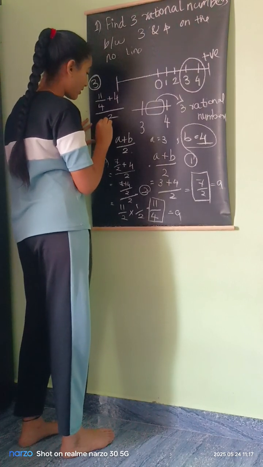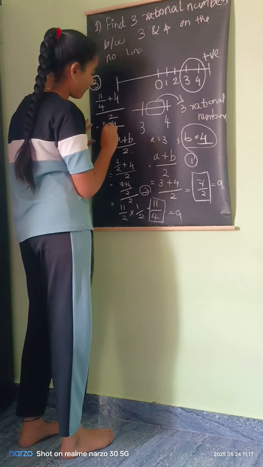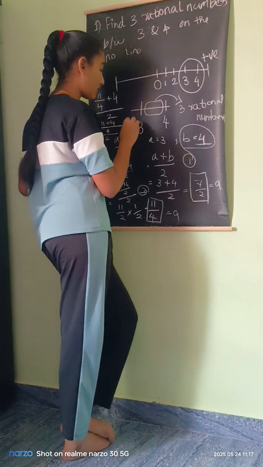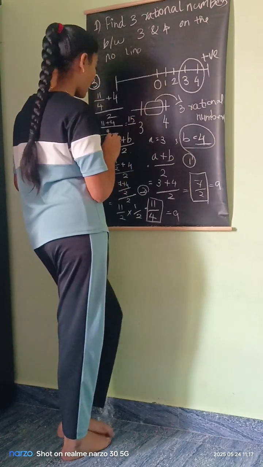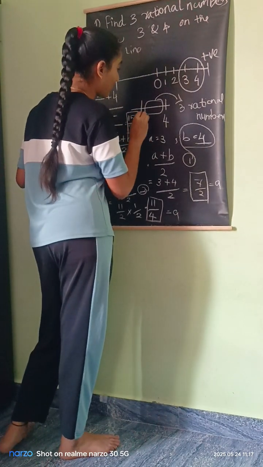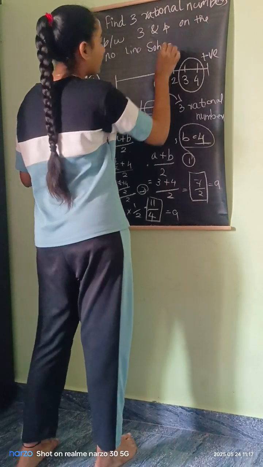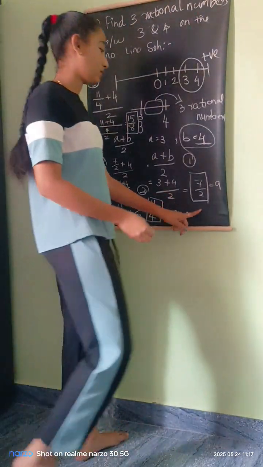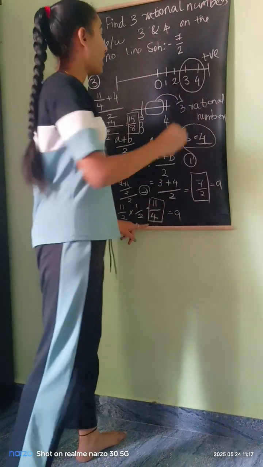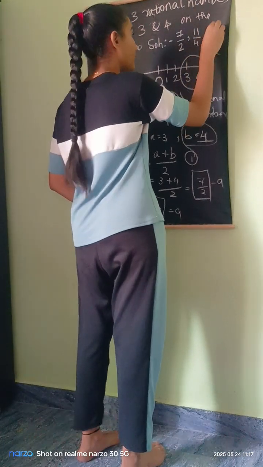This becomes (11 plus 4 by 4) by 2. 11 plus 4 is 15, and 4 twos are 8. So this is our third one. Let's write the solution: the rational numbers are 7 by 2, 11 by 4, and finally 15 by 8.